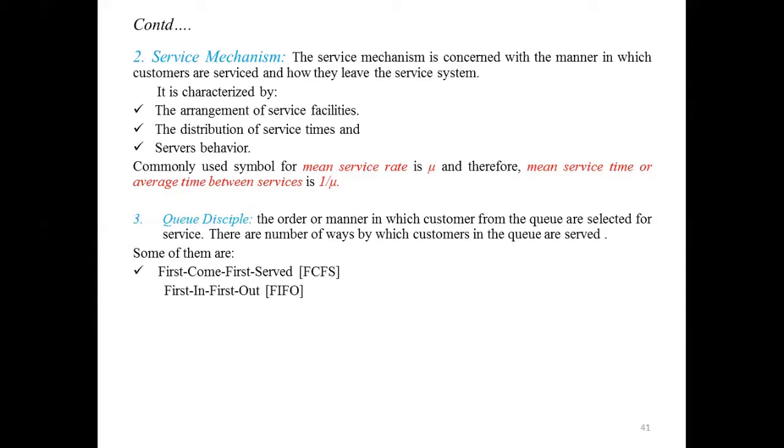First in, first out, denoted by FIFO. Next, last come, first out, denoted by LCFO, or in other words, last in, first out. Third one, service in random order. That is, the customers can be served in random order.